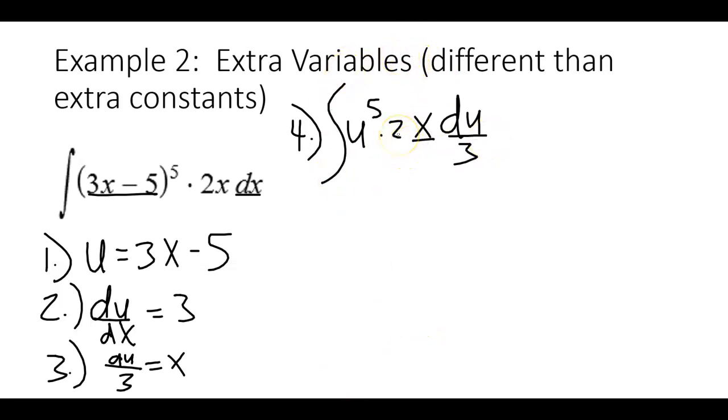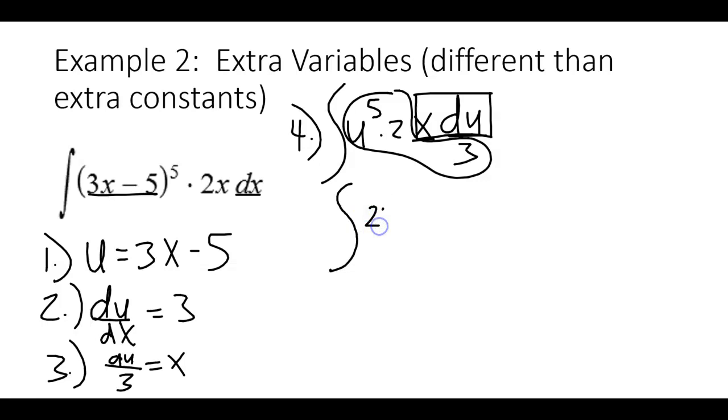Now before I do that next step though, I want to rewrite this a little bit. I'm going to leave the x and the du right there, but I want to get these other 3 things right here all together, and here's how that's going to look. I'm going to put the 2 in front of the u to the 5th, and then I'm going to put the 3 underneath of all of it. And I would encourage you guys to do that same thing. Okay, so that would be a good setup there before we go on to the next step.